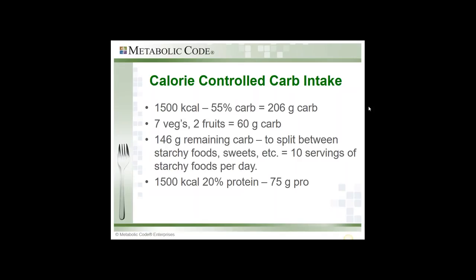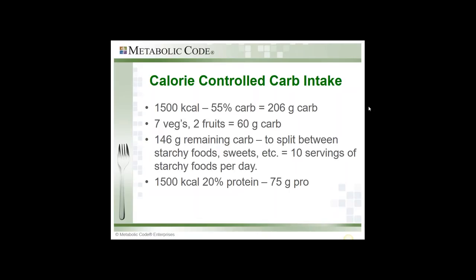Now, let's assume the person is going to eat healthy, with a lot of vegetable servings, and they're going to limit their fruits because they're a little bit more high glycemic than non-starchy vegetables, but they're still a healthy food. That will give you about 60 grams of carb.